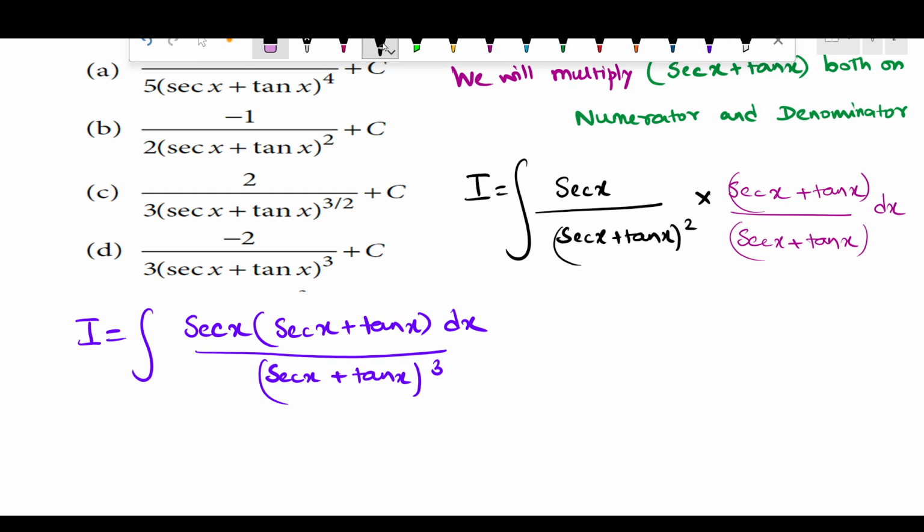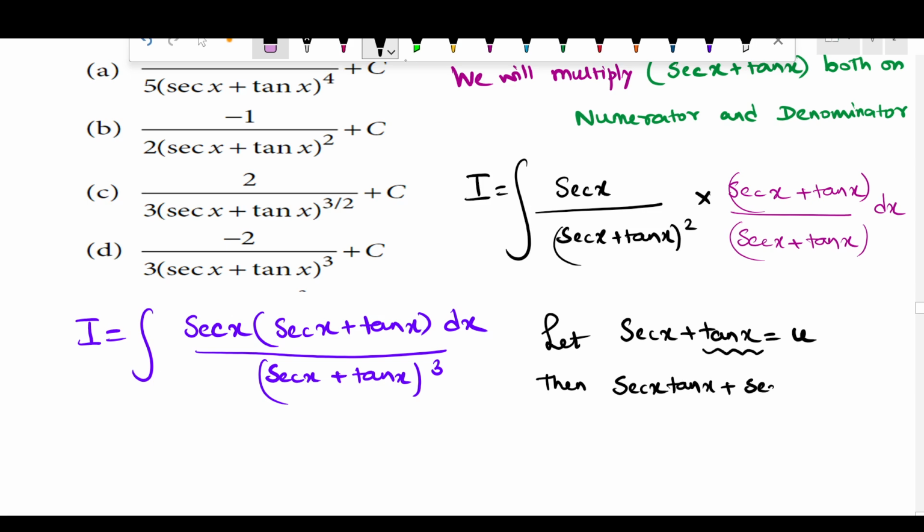Now see, let secant x plus tan x equal u. See, then we have derivative of secant x is secant x tan x, derivative of tan x is secant square x, dx equals du, right?